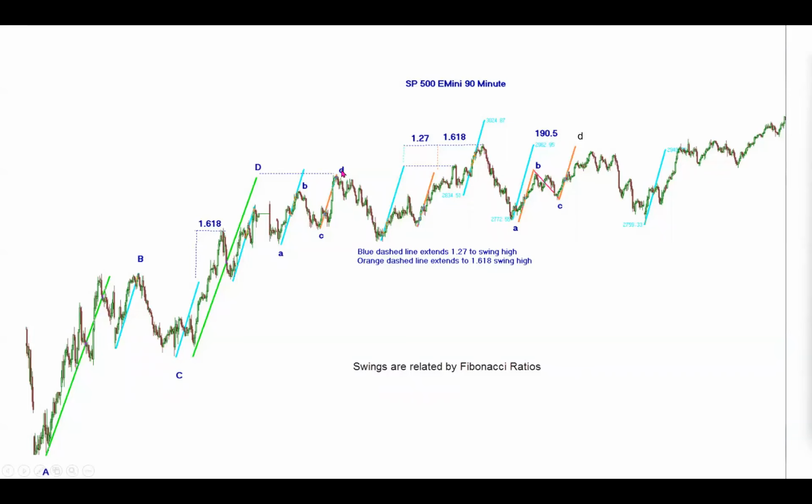Then we can also take swing highs to low, and we can do that extension. This extension from this high to low would be almost exactly a 1.27 as well. So when you play back this recording, you can take a screenshot of this and use it as a study guide as you're going through your own charts.